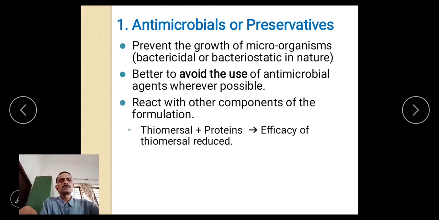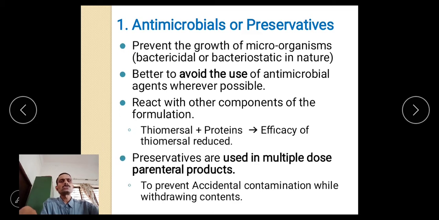Sometimes the antimicrobial agent reacts with the API, the active pharmaceutical ingredient, thereby affecting the drug, or the efficacy of the preservative itself is decreased. Like thiomersal is a preservative, it will react with proteins and the efficacy of the preservative itself is reduced.